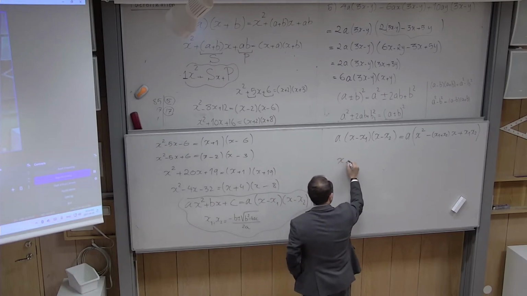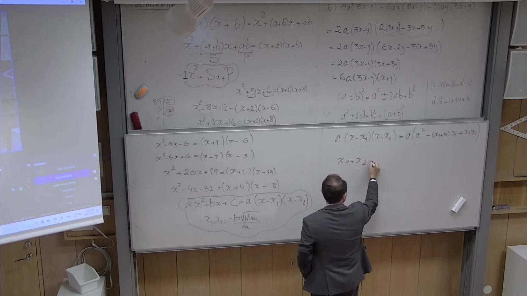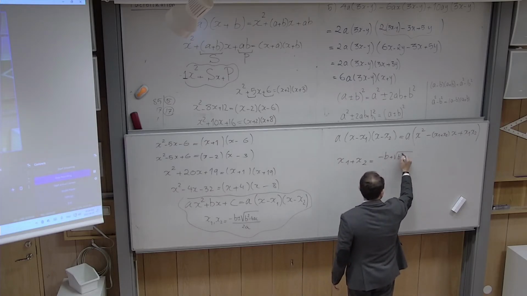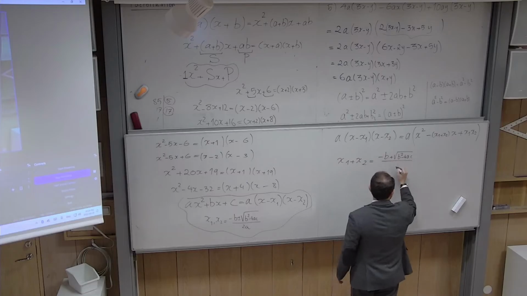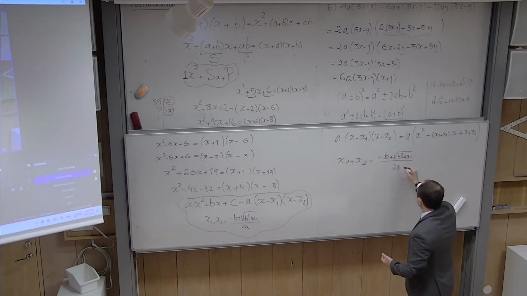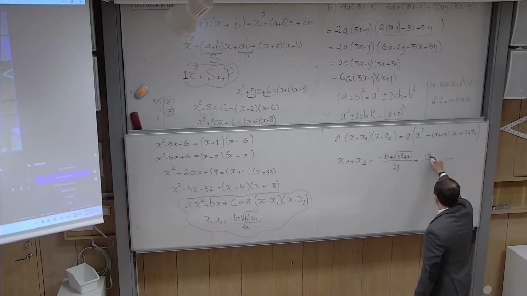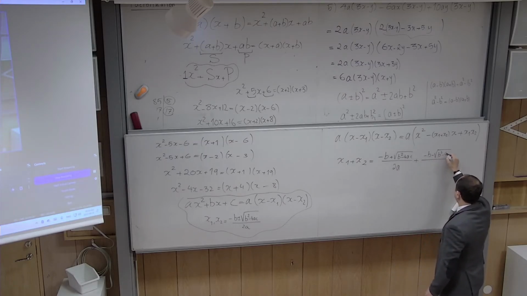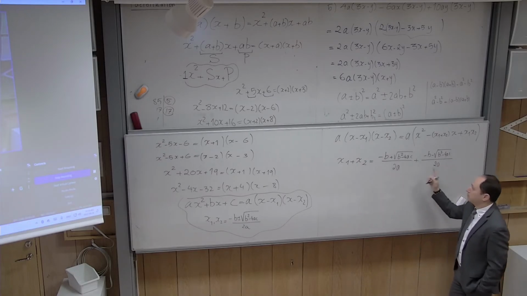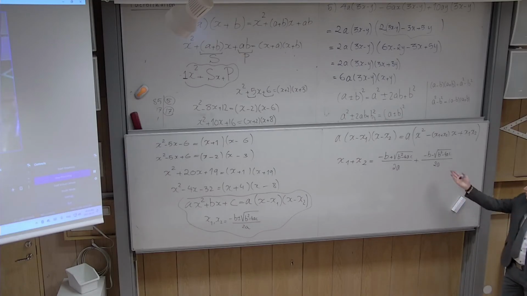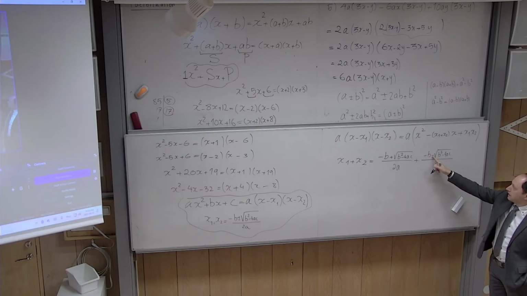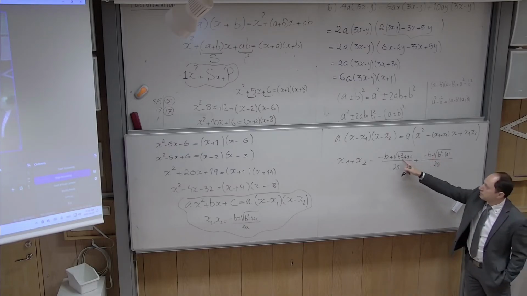So x1 plus x2. Let me answer this question. x1, for example, is this one. This is my x1. It doesn't matter which one I choose to be x1, which one to be x2, but let me write it in that way. So tell me, do you agree with this? I am telling you that x1 plus x2 can be written in this form. But now what happens? Very simple thing happens. This square root, whatever it is, comes with a negative sign here. The same square root comes with a positive sign.